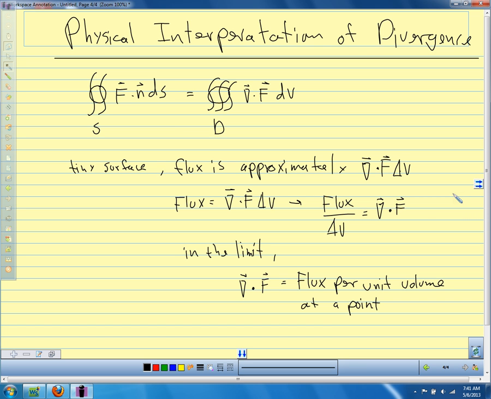The flux out of a solid is the divergence, the flux per unit volume. Like an electric field: if you have a charge enclosed by a surface, the divergence is the flux per unit volume of that electric field. How much electric field is flowing out of a volume per unit volume. So that's a physical interpretation, the outward flow per unit volume.